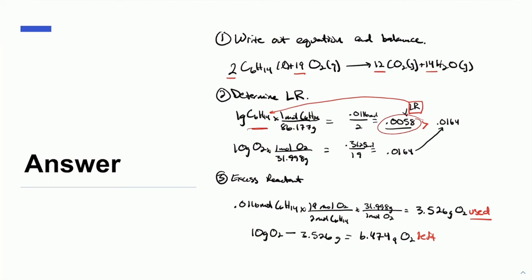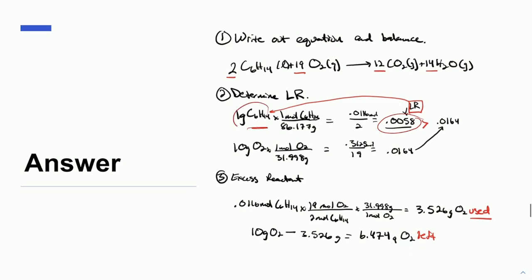With excess reactant, they've asked us, okay, so now we know that this is our limiting reactant, but our excess reactant, we can find by actually using a multiple ratio directly with both reactants. You could technically go to grams of product and go backwards as well, and grams of product to moles of oxygen used to grams of oxygen used. That's fine too.